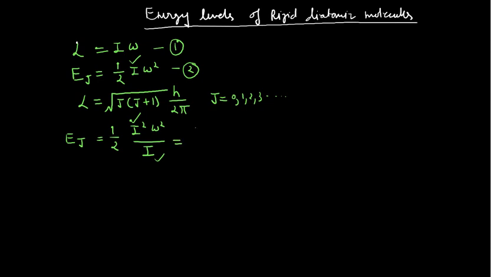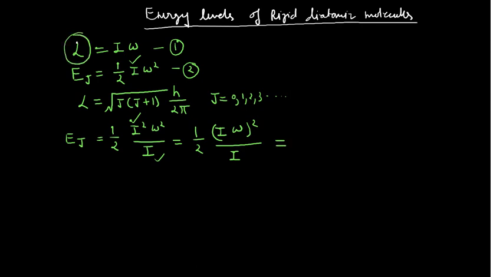How? Now half is here, and you can write I omega square, okay, and divided by I. And you can check here, this I omega square is what?